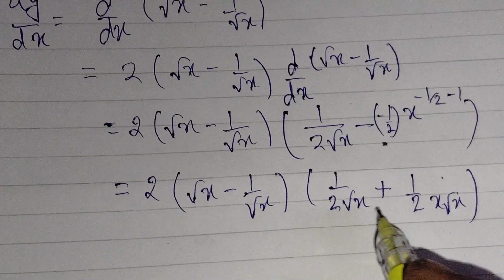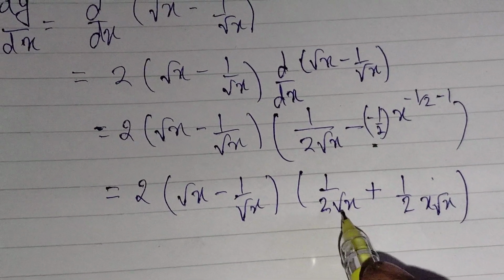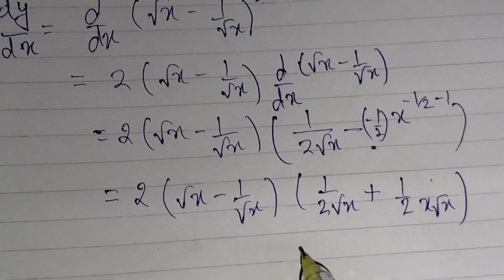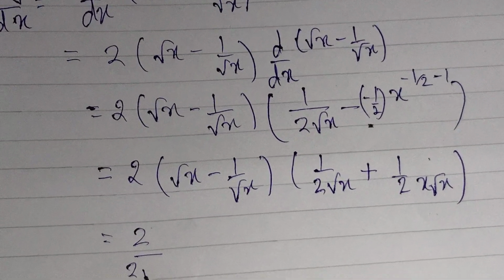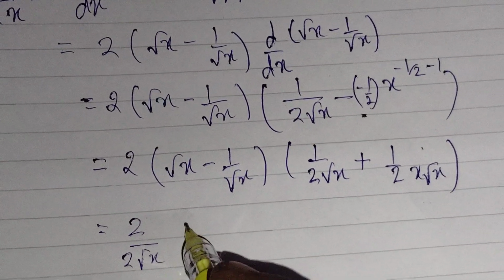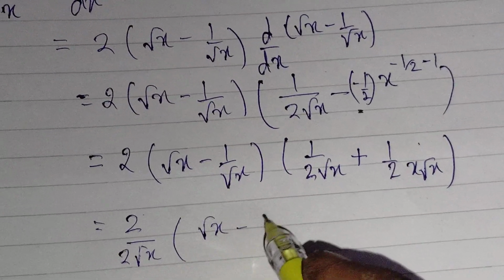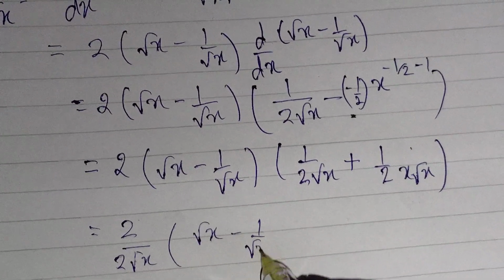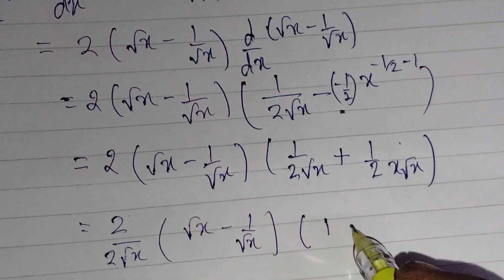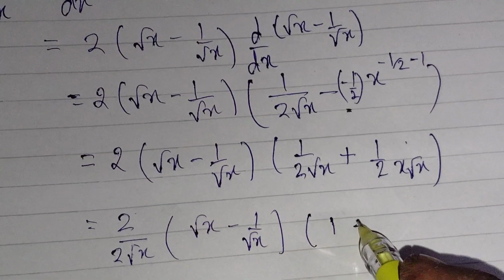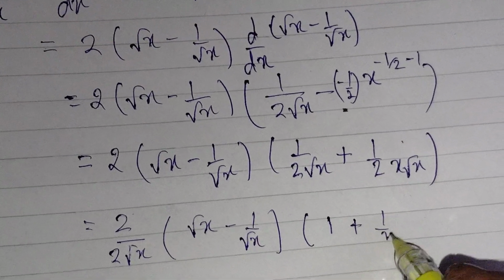We can take common 2 square root x from the second bracket. So outside we write in the denominator 2 square root x after taking common. The first bracket we write as it is. In the second bracket after taking common, the first term becomes 1, and in the second term only 1 by x is left.